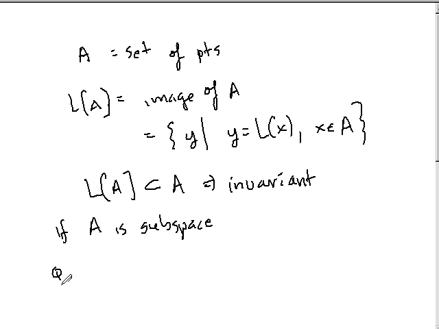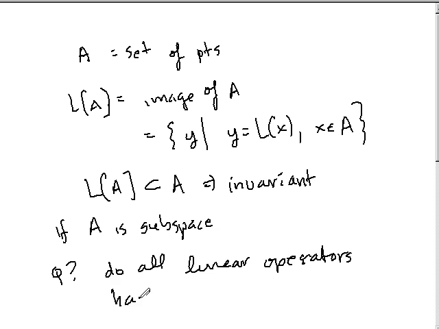The question is, do all linear operators have an invariant subspace? I mean, you can give lots of examples, like the identity operator obviously has one.